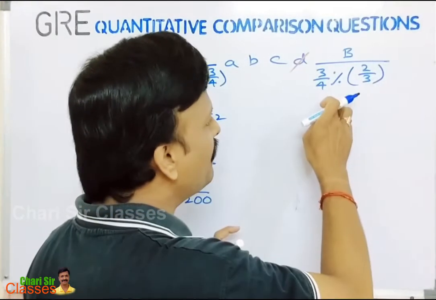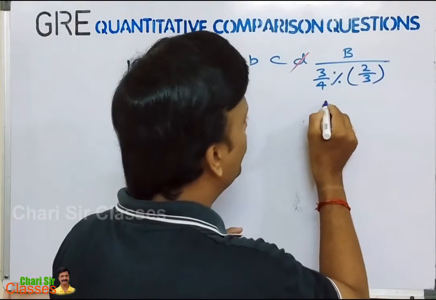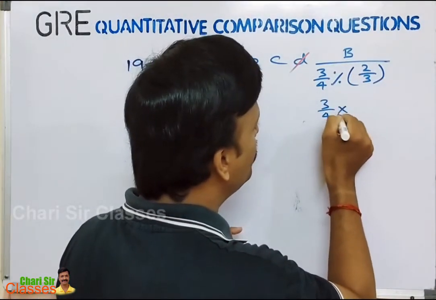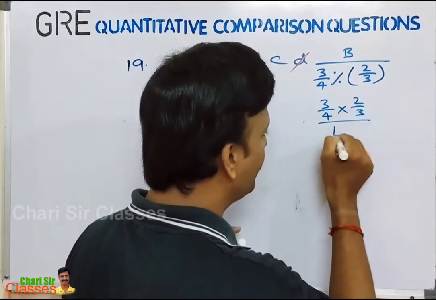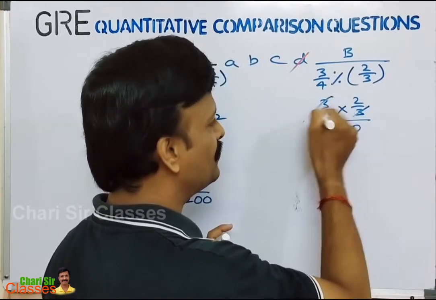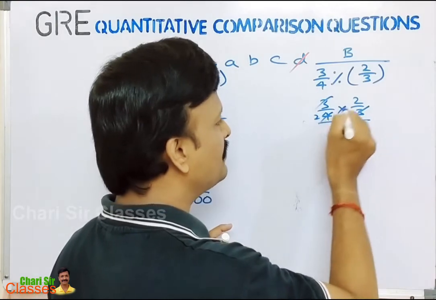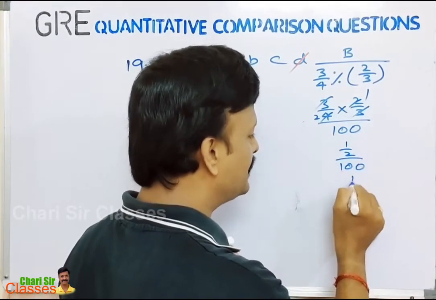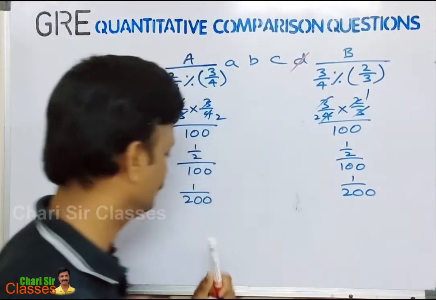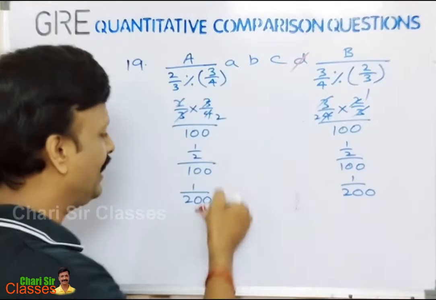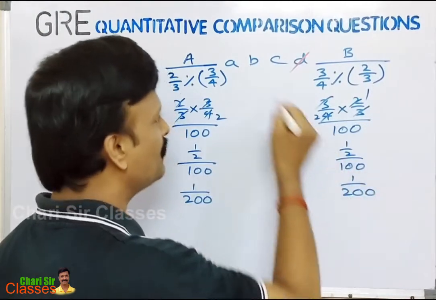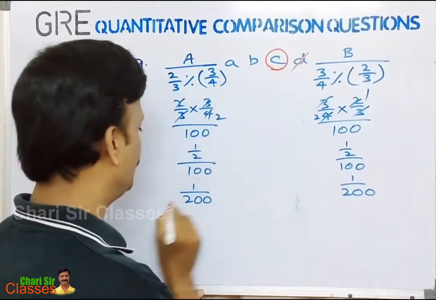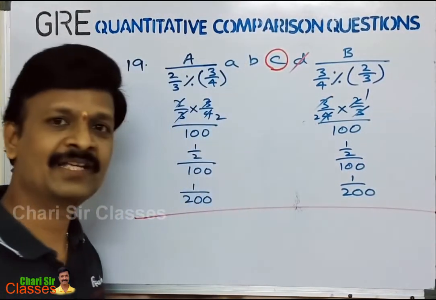Now 3 by 4 percentage of 2 by 3, you can write 3 by 4 into 2 by 3 by 100. You can cancel 2 and 3 and 3. 2 times, it is 1 time. That is again 1 by 2 by 100, which is 1 by 200. Now quantity A is 1 by 200, quantity B is 1 by 200. Two quantities are equal. You can close the scratch paper.